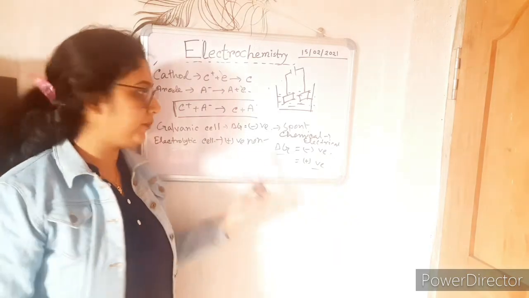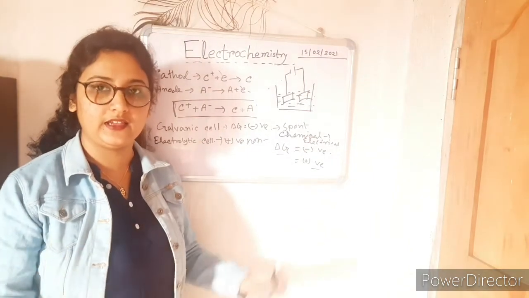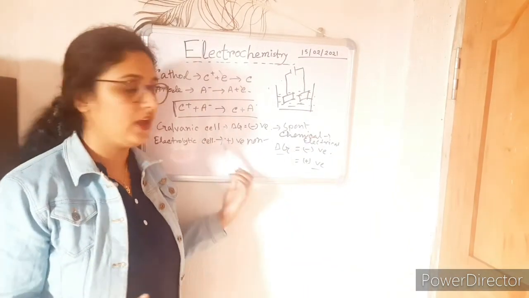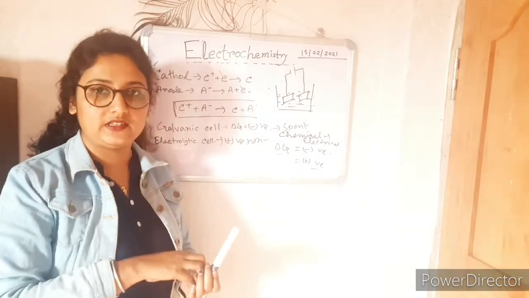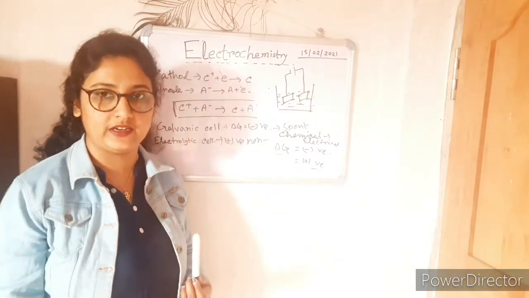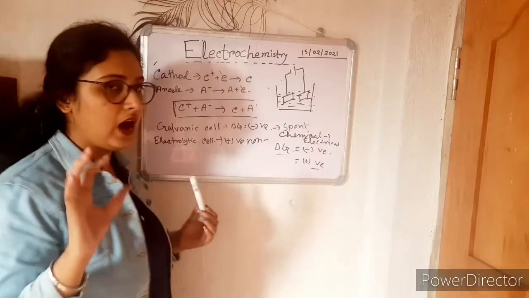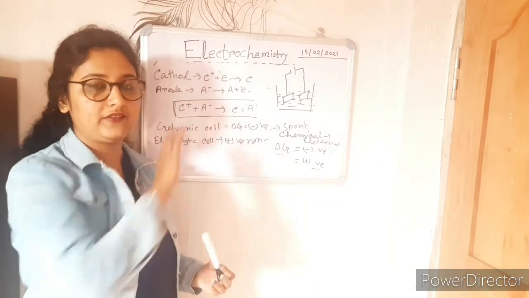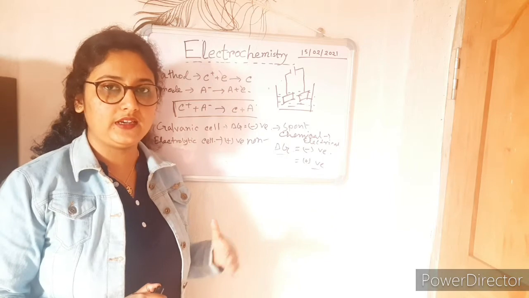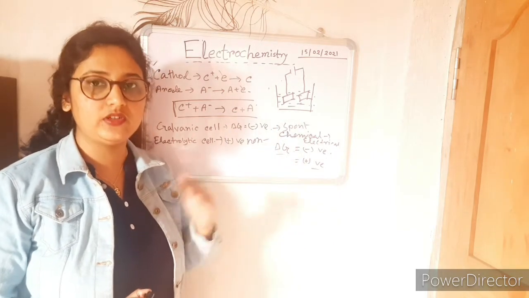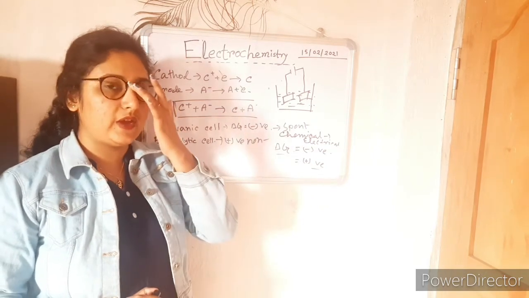In a galvanic cell, from chemical energy you get electricity, but in an electrolytic cell, by giving electricity you get chemical energy. That's why these two terms are very important. How can you know whether the cell reaction is spontaneous or not? You can get it from the electrochemical series. I will tell you what the electrochemical series is and why it is important in my next video.